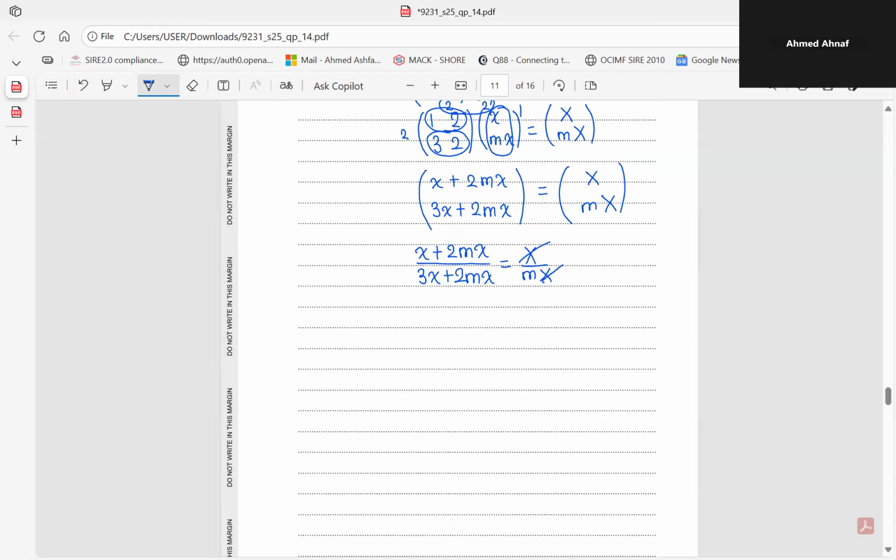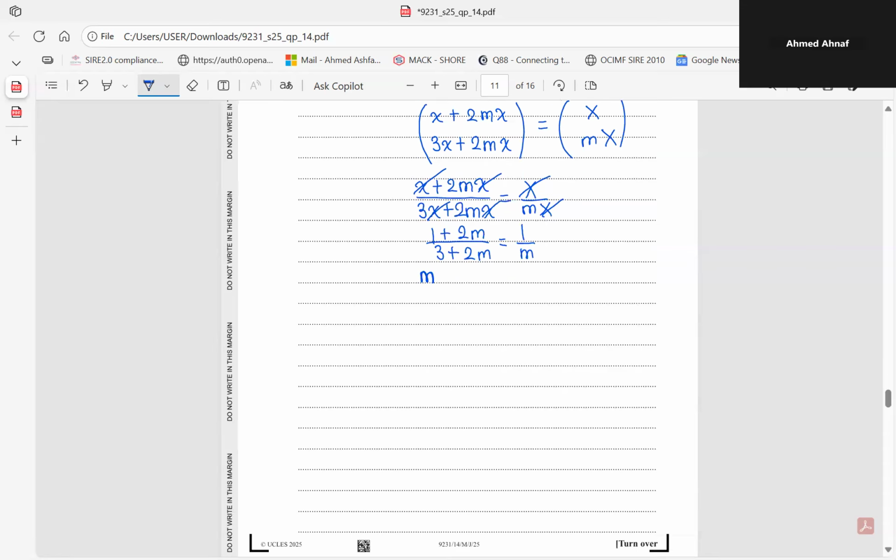So factor out x, and we'll get 1 plus 2m over 3 plus 2m equals 1 over m. Now let's just cross multiply. So this would be m times 2m plus 1 equals 2m plus 3. It'll be 2m squared plus m equals 2m plus 3.